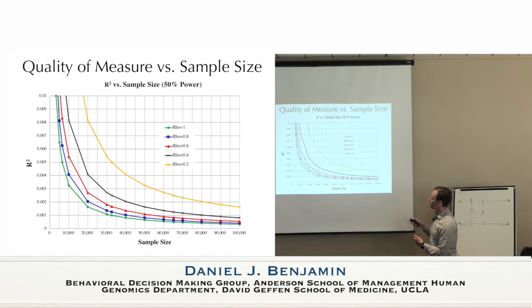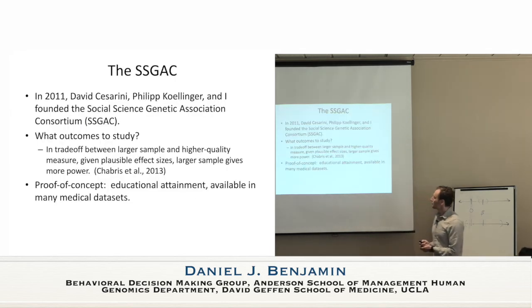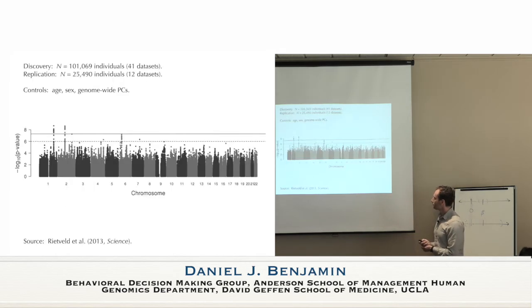And there, to get 50% power at this effect size, we would need a sample of about 80,000 people. That seemed to us much more doable. So it was this that convinced us to pursue educational attainment. This would be our proof of concept for other behavioral phenotypes.